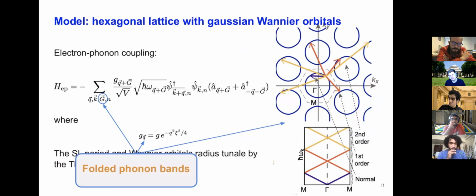This is part of a new feature that we get in twisted bilayer graphene. So we have monolayer graphenes with short period lattice, but then we have a Moiré periodicity that is large period. And you've probably seen this picture of Brillouin zones.